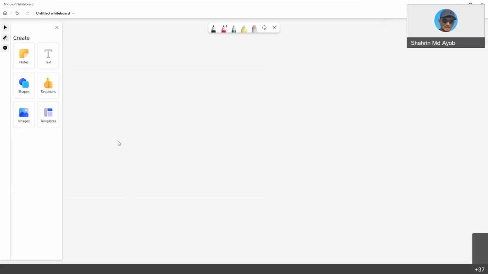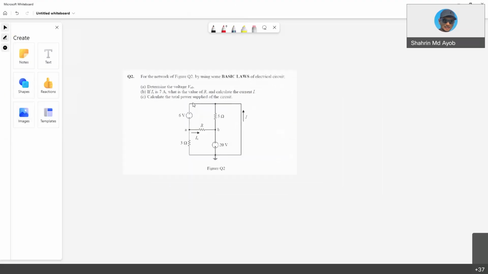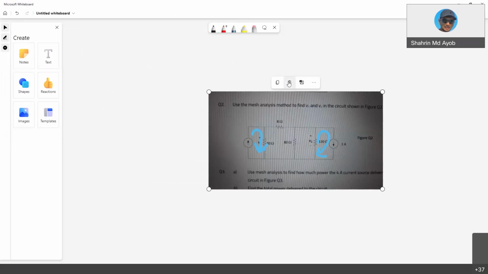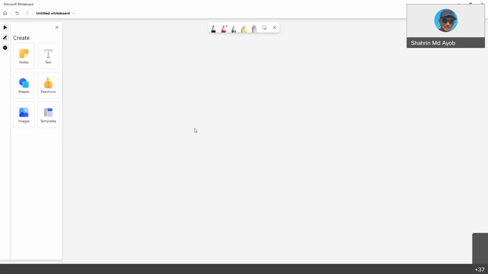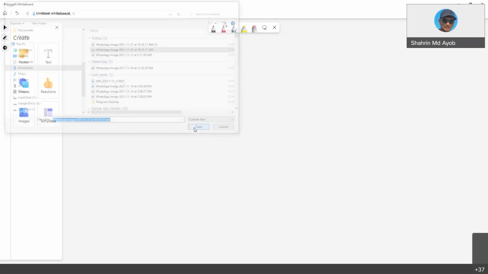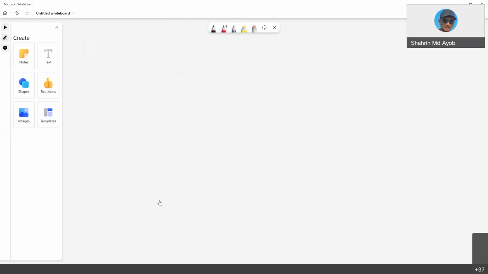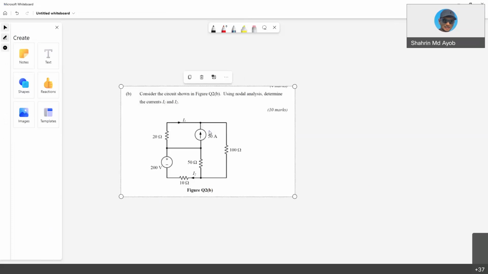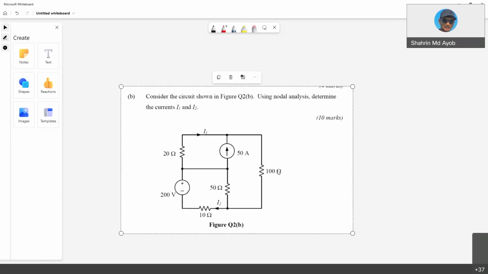Oh, right. This one, Ohm's law. Where is it? Okay, this one. This circuit looks similar.